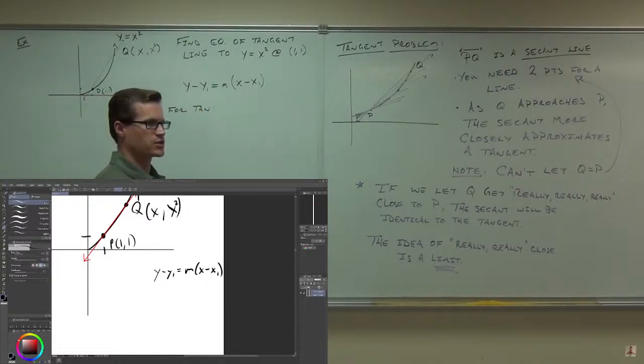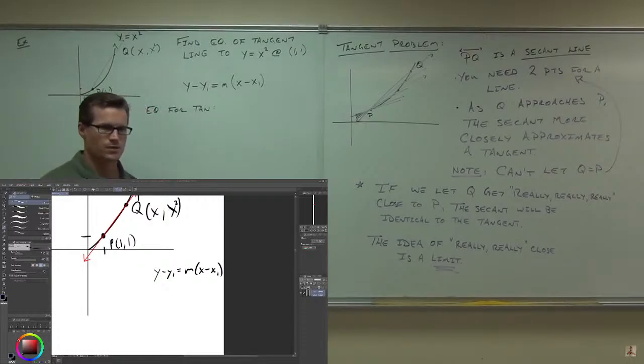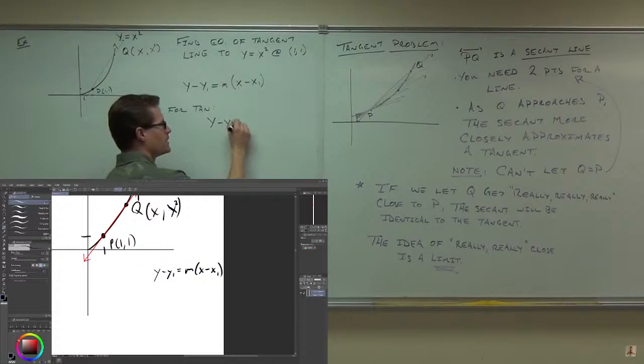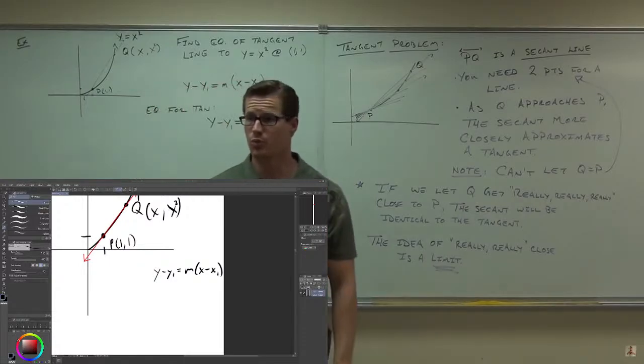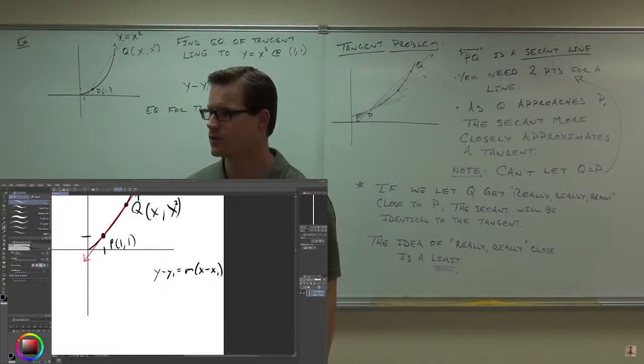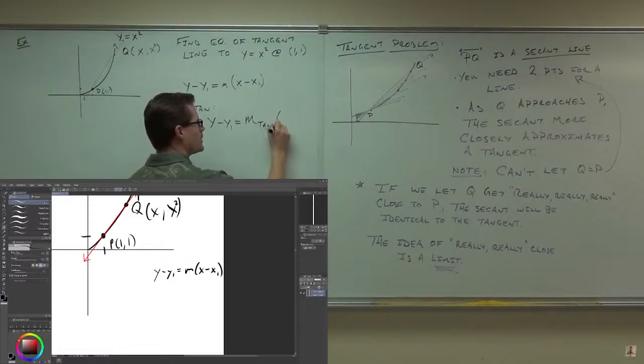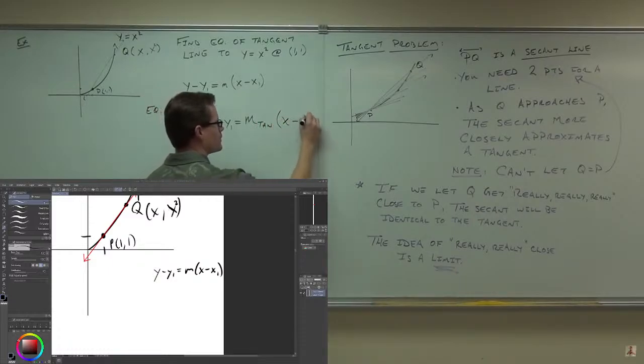Pay close attention. It would be y minus y1, that's the same, equals the slope, but a specific slope. It would be the slope of the tangent line, whatever that happens to be, and then x minus x1.